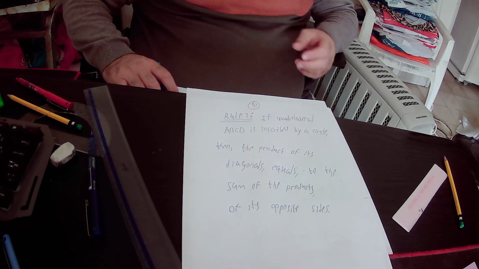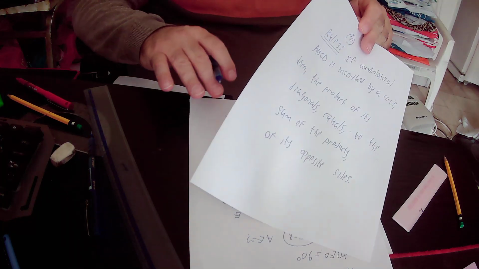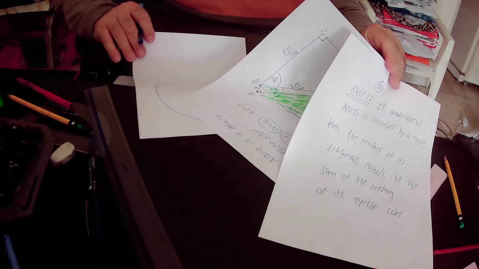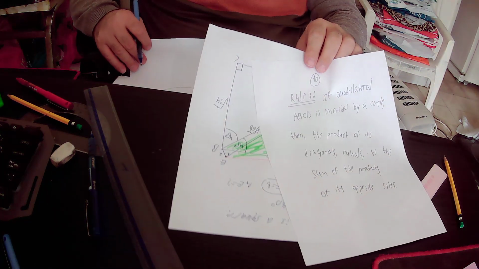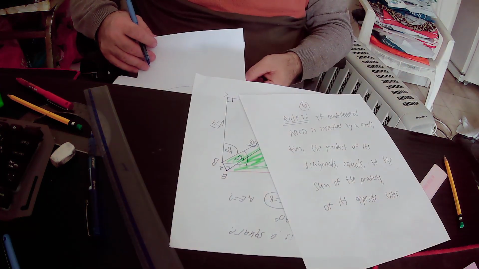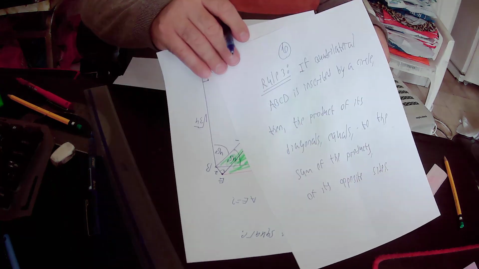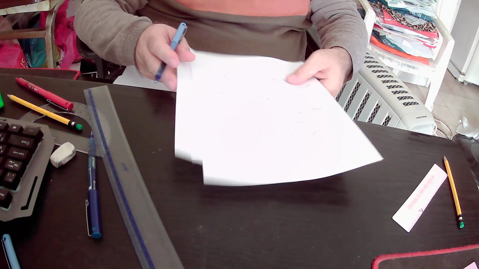So what is the meaning of rule number 3? The meaning of rule number 3 is that if we have quadrilateral ABCD, it is inscribed by a circle.